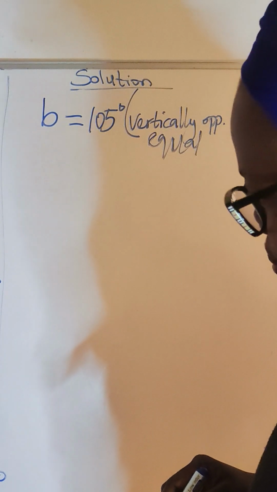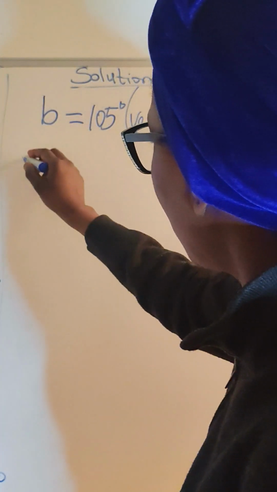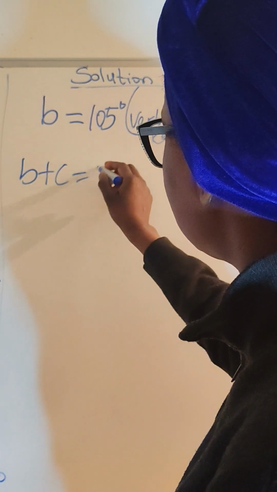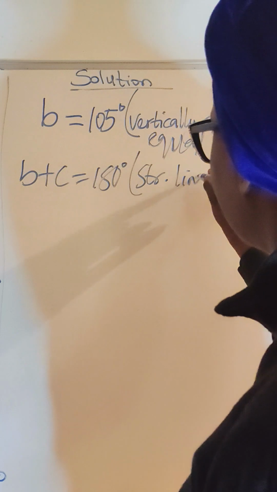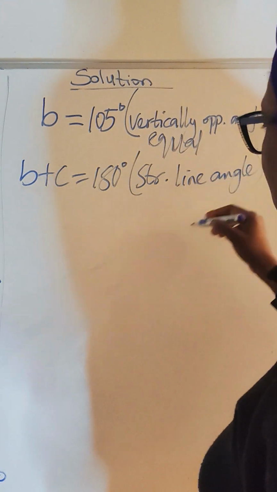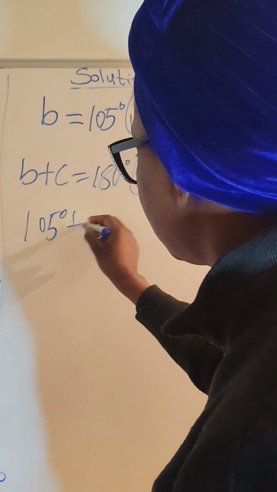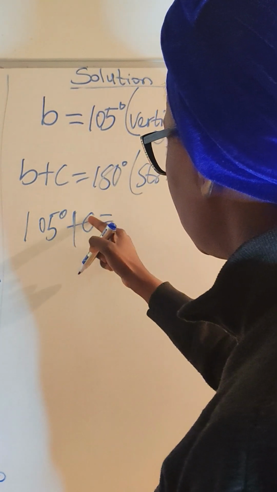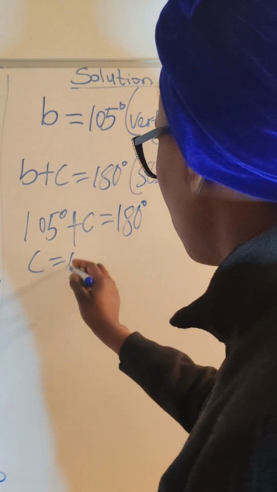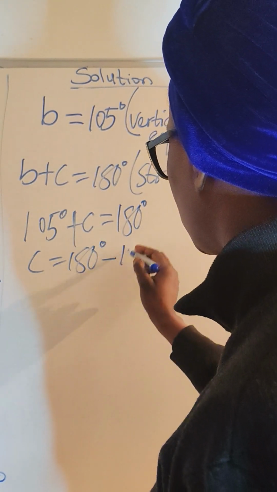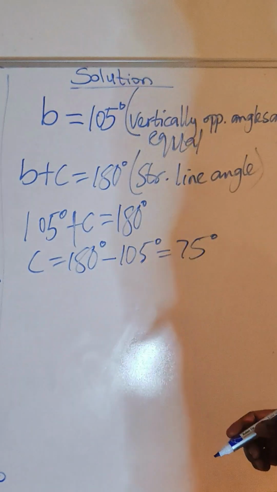And also, angle C is 75 degrees because angle B plus C is equal to 180 degrees. It's a straight line angle. And since B is 105 degrees, C will be equal to 180 degrees minus 105 degrees, which is equal to 75 degrees.